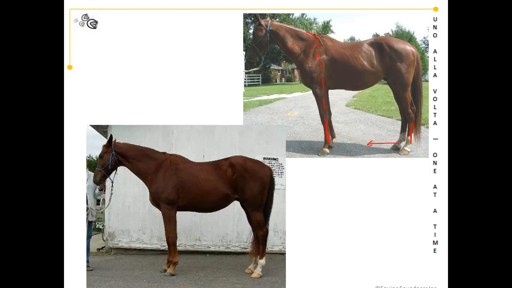After the trim, you see that the cannon bone is straighter, not perfect yet, but straighter, also straighter in the back. And that dip is a lot better here. So you want to see the whole horse in connection with the feet, not just the feet.